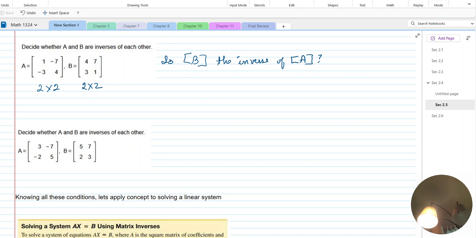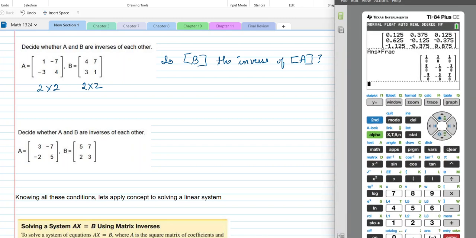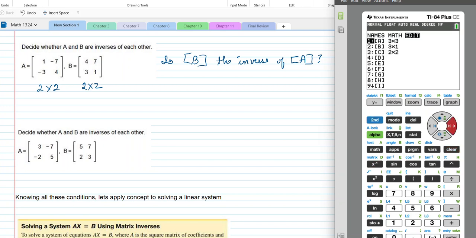All right, so let's enter them in our calculator. I'll clear that. I'm going to go second matrix. I'm going to edit. A is going to be our original, and it's a 2 by 2. There I go. 1, -7, -3, and 4.